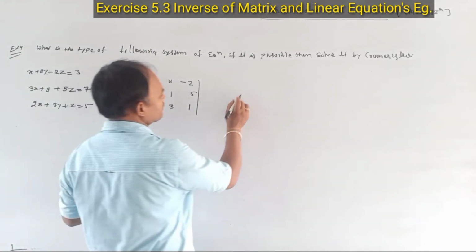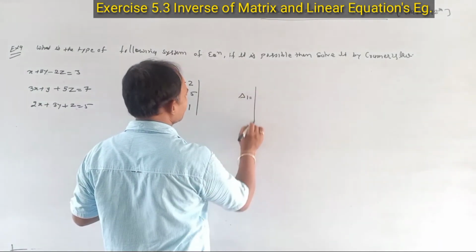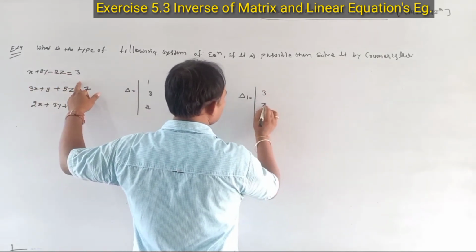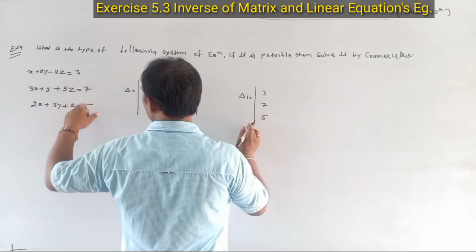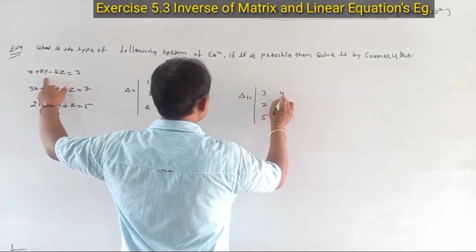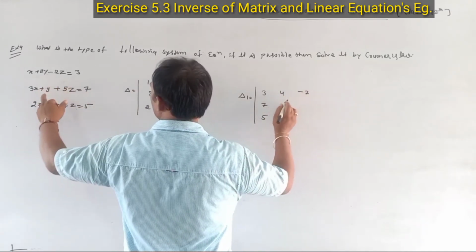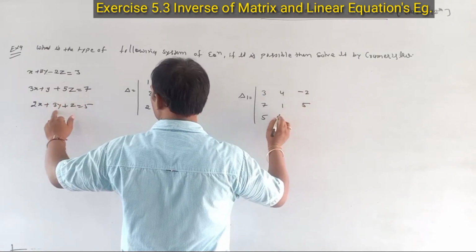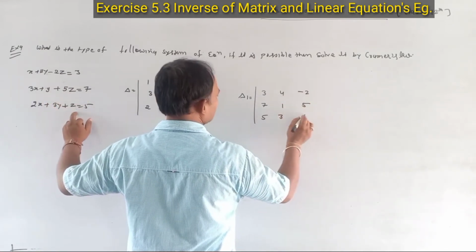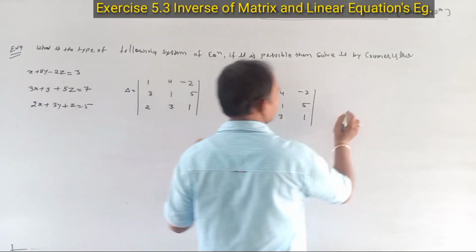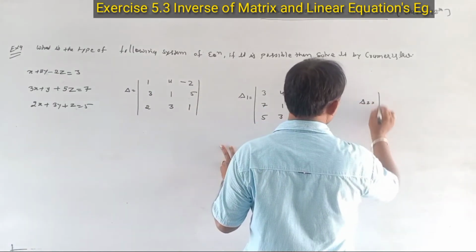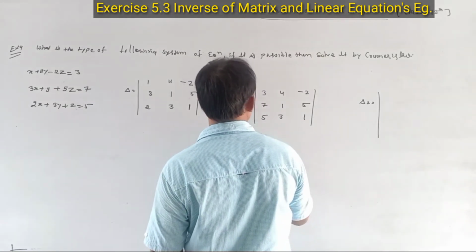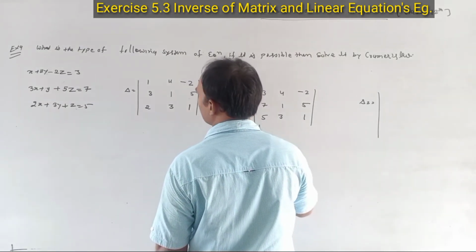Now what about delta 1? Put it here at the first place: 3 7 5 and 4 minus 2, 1 5, 3 1. What about delta 2? Delta 2 is, now delta 2.